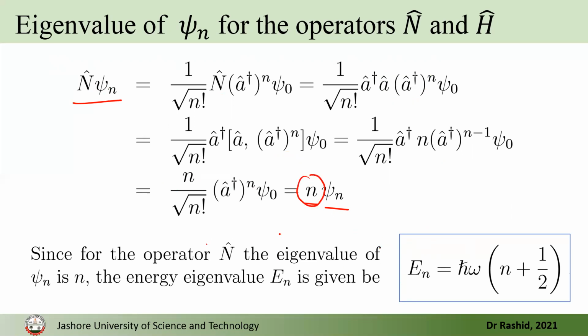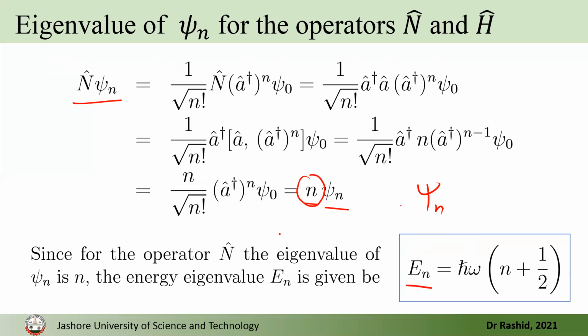Therefore, the energy eigenvalue, or the energy, would be like this. Okay, so we have learned how to calculate the excited state wave functions psi n from the ground state wave function, and we know the explicit expression for the ground state wave function.